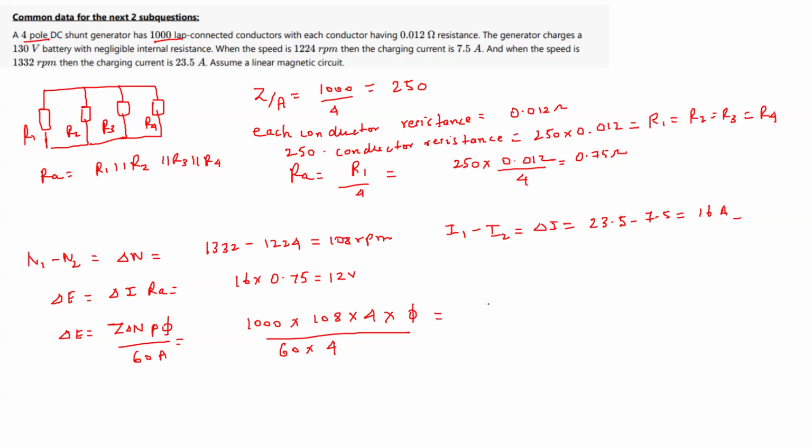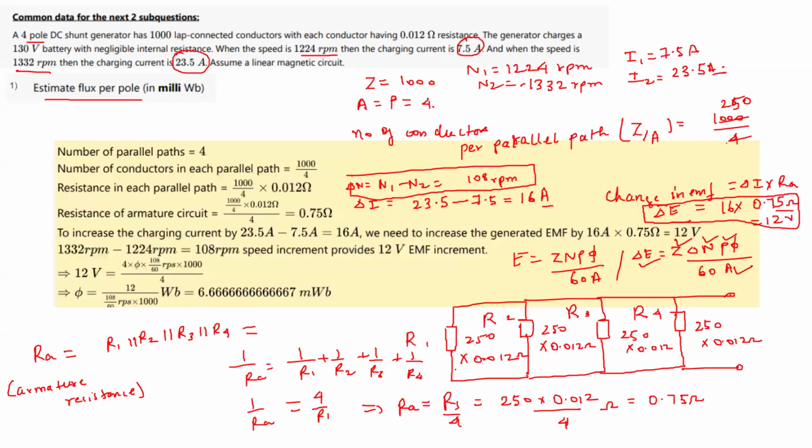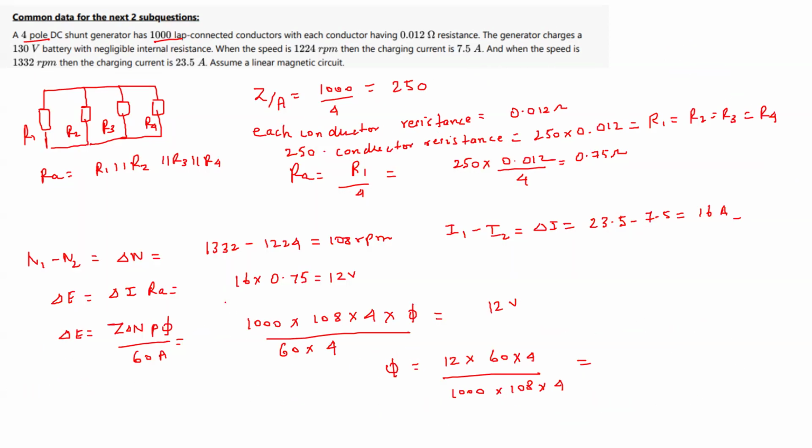And this is 12 volt. So from this you can find the flux per pole. So 12 into 60 into 4 by 1000 into 108 into 4. Here 4 gets cancelled. If you calculate this, it comes out to be 6.66 milliweber.